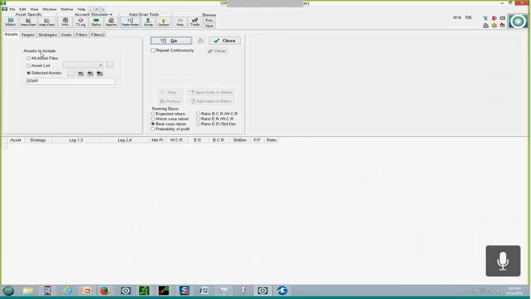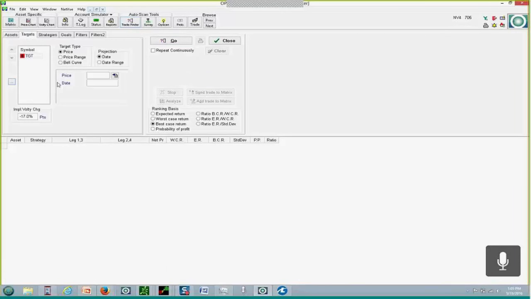I really like this a lot because it'll allow me to take a look at option opportunities that, as smart as I might be or think I might be, the computer can crunch a lot of numbers a hell of a lot faster than I ever will.